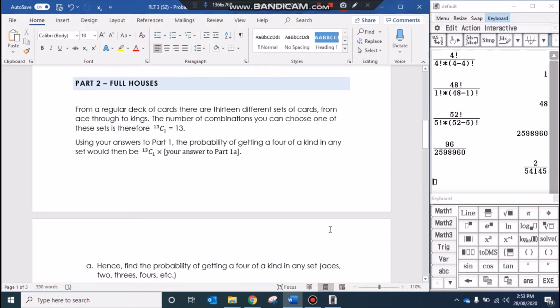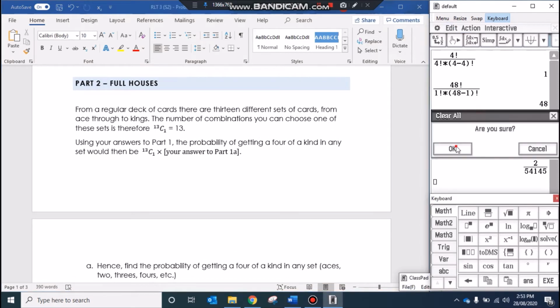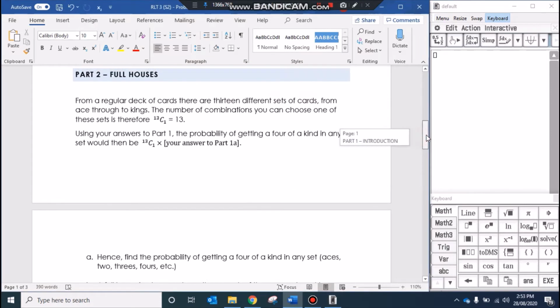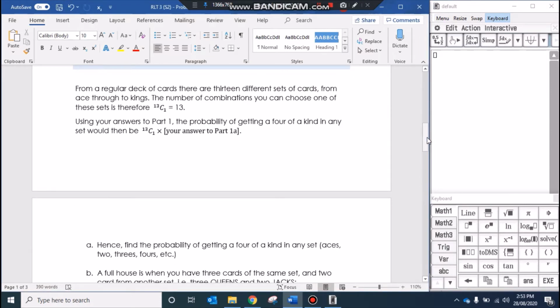Part 2. In a regular deck of cards, there are 13 different sets of cards. What I mean by a set is you can have aces, 2s, 3s, 4s, 5s, and so on, all the way up until Jack, Queen, and King.